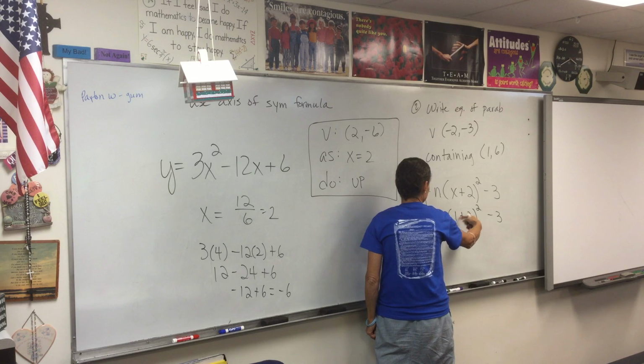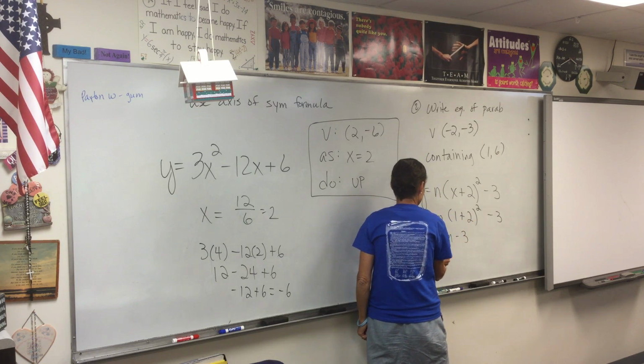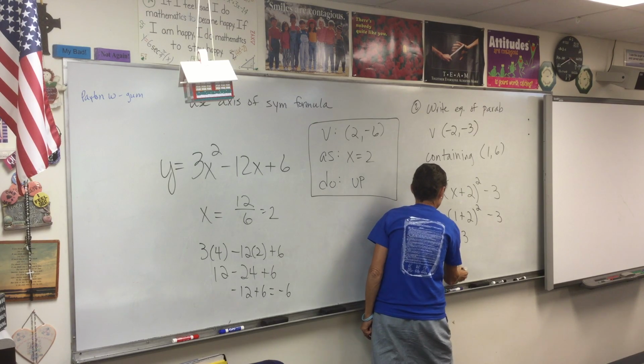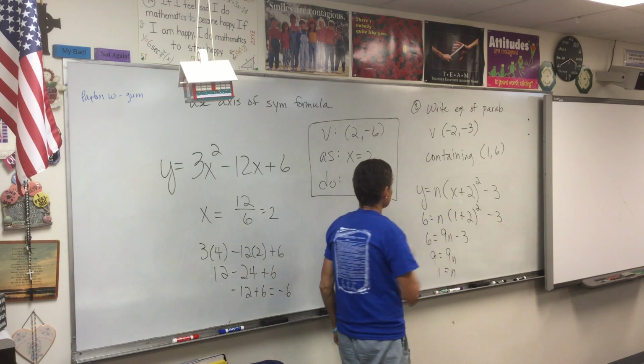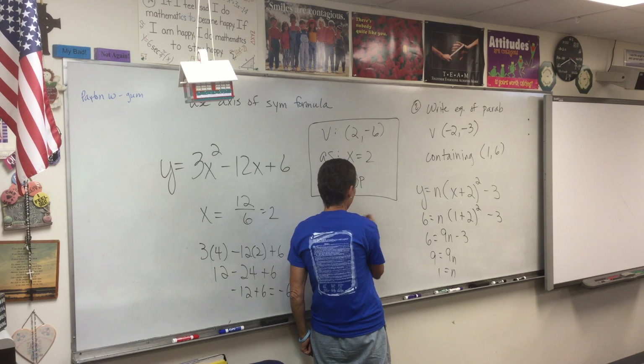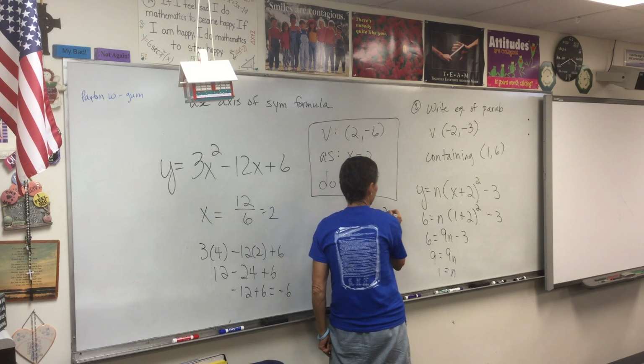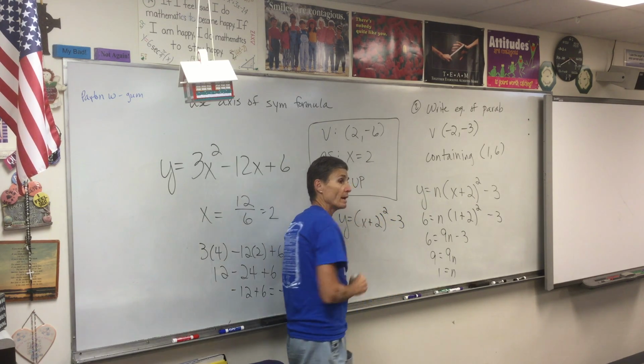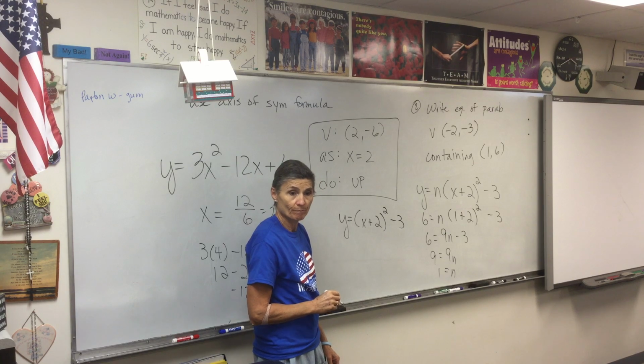So what's that? 9a. Oh, this works out nicely, doesn't it? You probably think I planned that. I didn't, but it sure is nice. So y equals (x plus 2) squared minus 3. You can put a 1 out there if you want, but you don't have to.